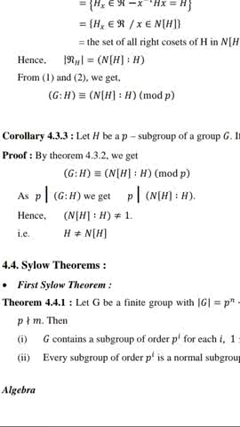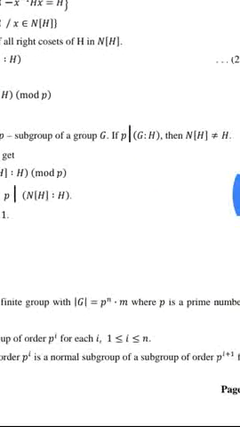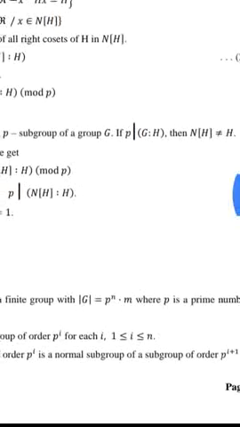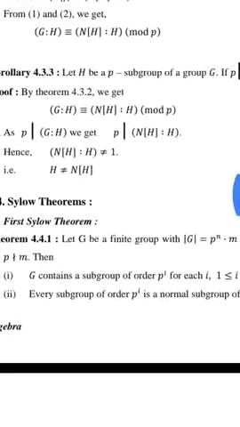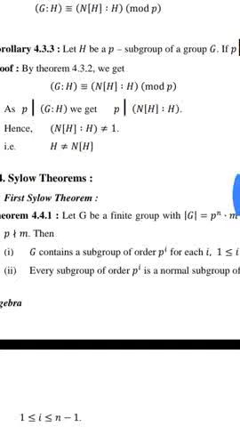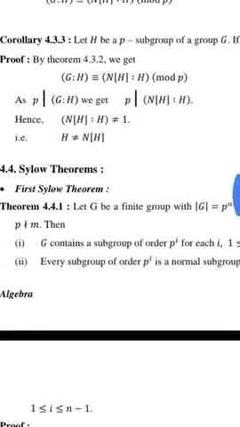Corollary: Let H be a p-subgroup of a group G. If p divides the index of G over H, then N(H) is not equal to H. We know that the index of G over H is congruent to the index of N(H) over H modulo p.